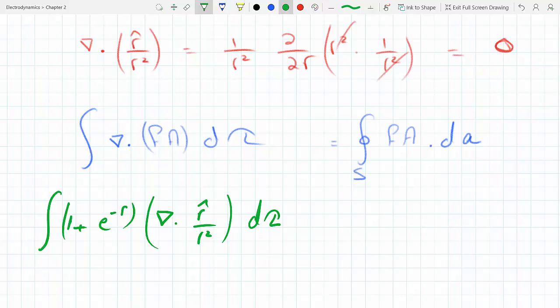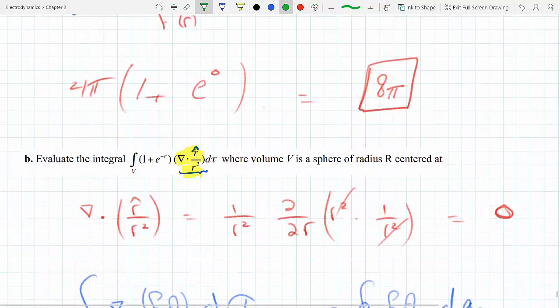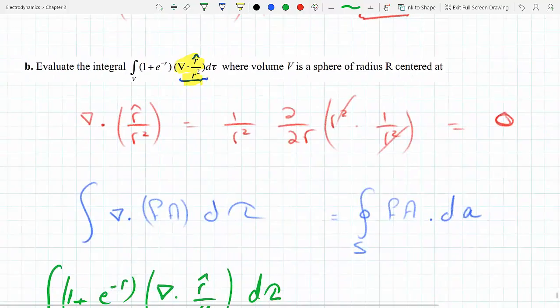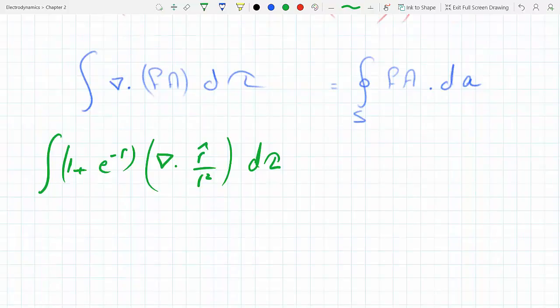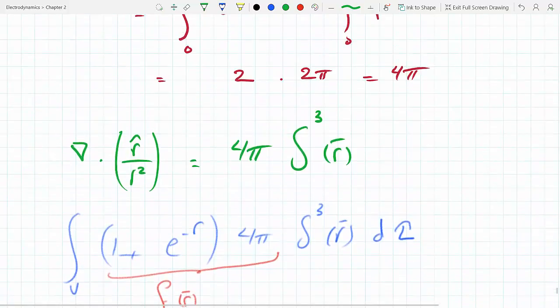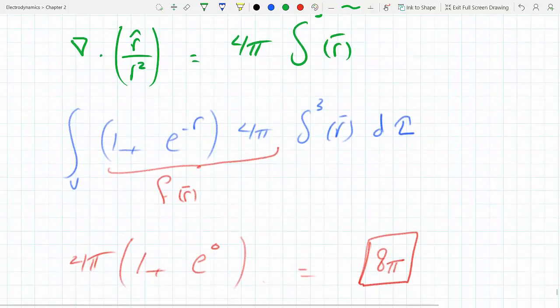No, look. Everything we did is correct. The answer is 8 pi. That's not what I'm questioning. What I'm questioning is how to show you that when you integrate this anywhere other than the origin, you get 0. I'm trying to prove it to you. But what we did here is completely fine, because we just removed that divergence and put in the 4 pi delta function and it worked out fine.